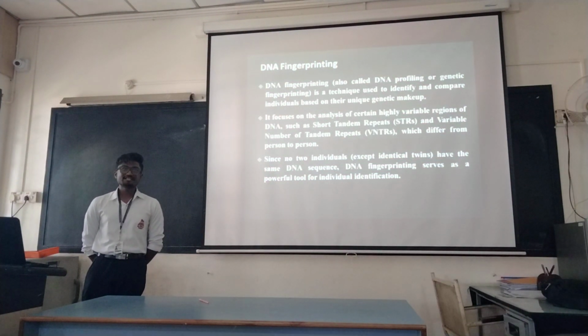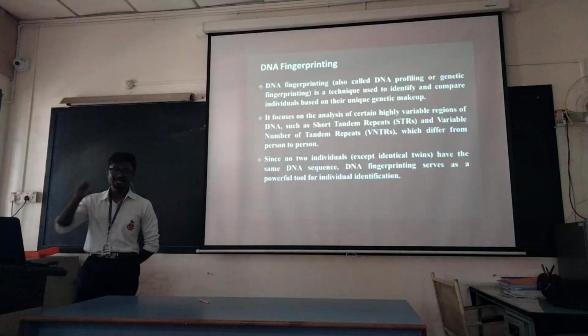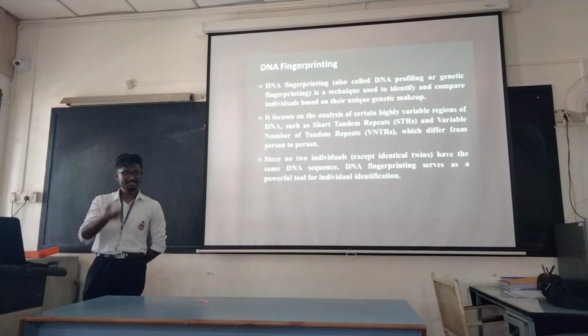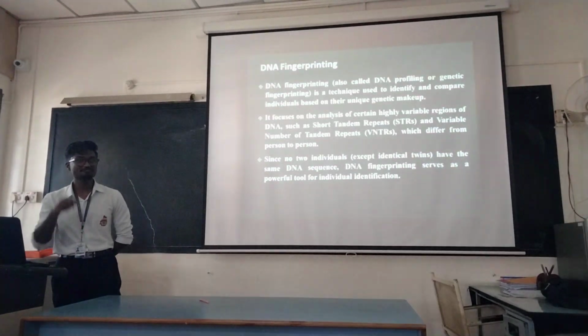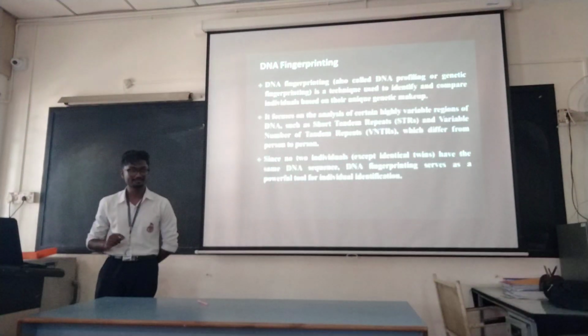If some crime happens, for example, let us take a woman is murdered by someone, and from that crime spot, we get 3 blood samples. But the woman is killed by only one person. So we have to find which person has killed that woman.